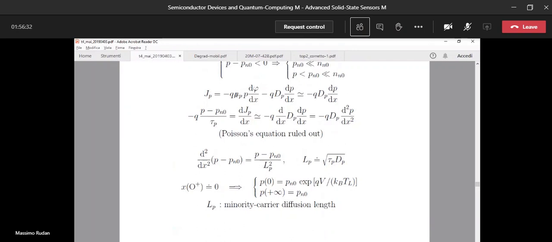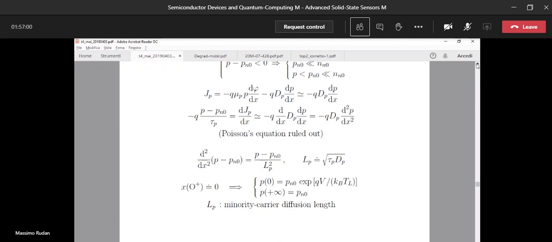And again, we neglect the drift term because the minority carriers in the neutral region have a transfer mechanism in which diffusion dominates. Okay, so you remember for the holes, diffusion has a minus, we have minus q Dp dp over dx.